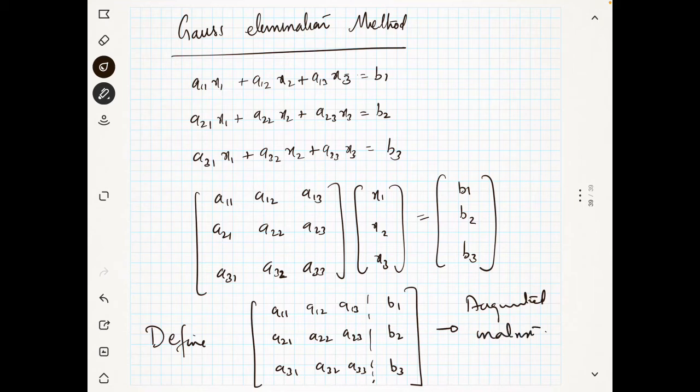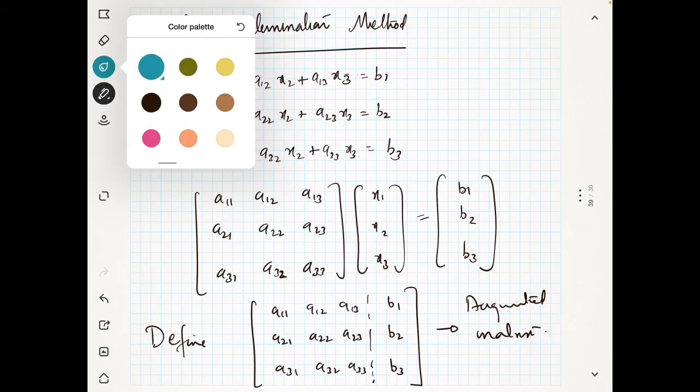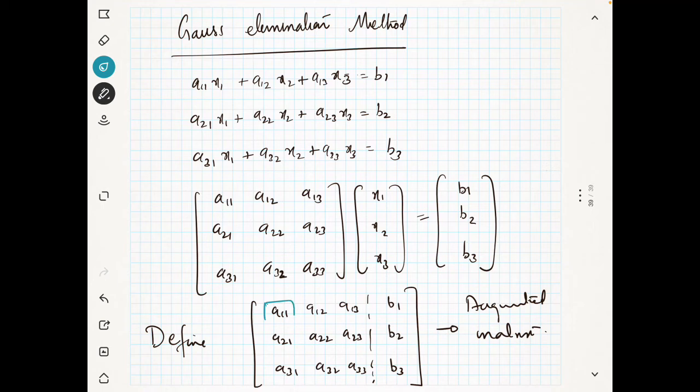Before that, we have some conditions. We will make A11 greater than A21 and A31.